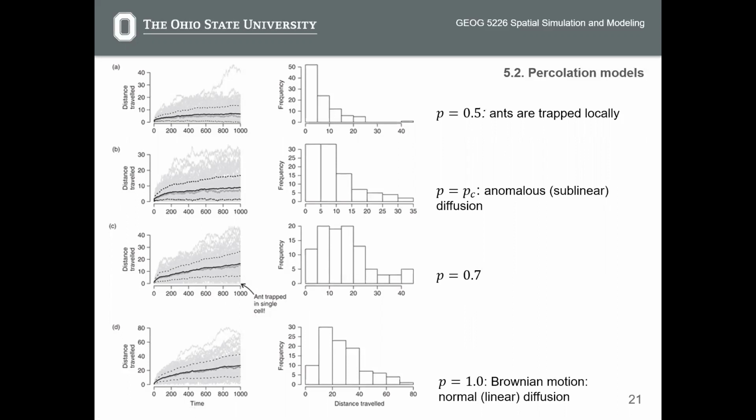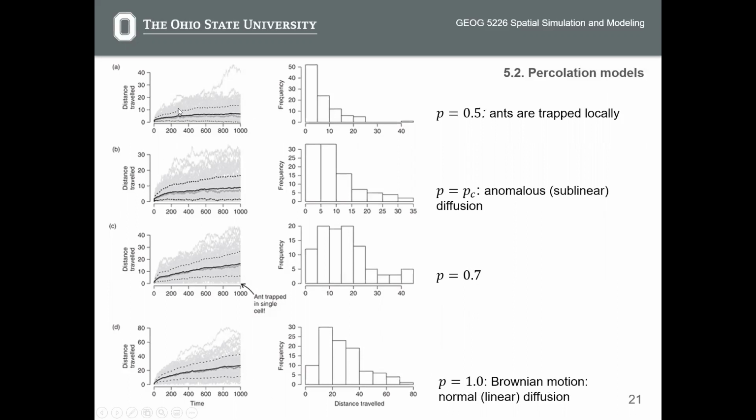So you can say there is no simple positive correlation between p-value and distance traveled, right? Because when the p-value is extremely large, very close to 1.0 or even equal to 1.0, all those ants cannot travel too far away. A better option for a longer travel distance might be 0.7 instead of 1.0, okay?